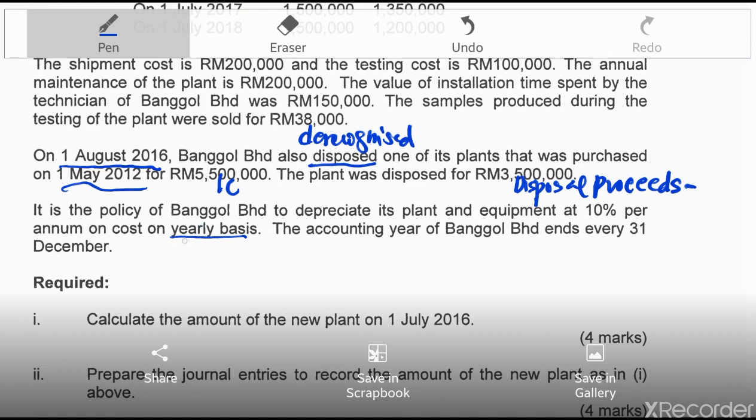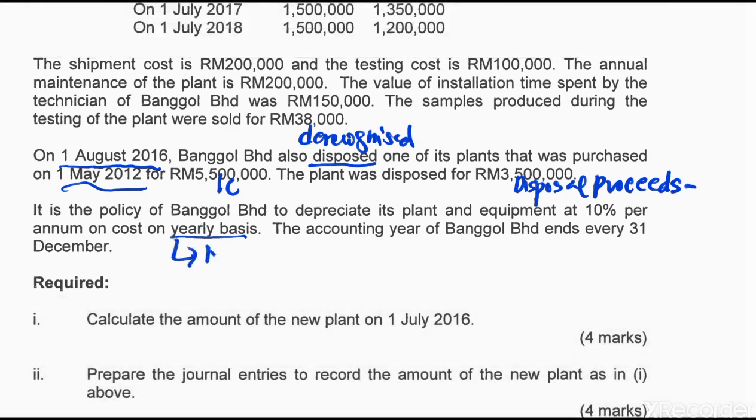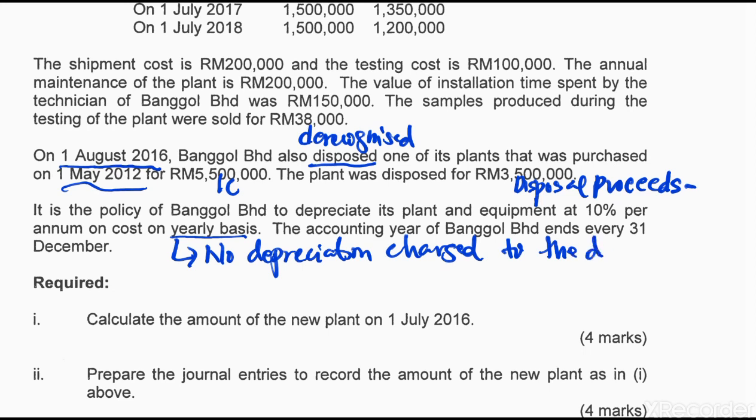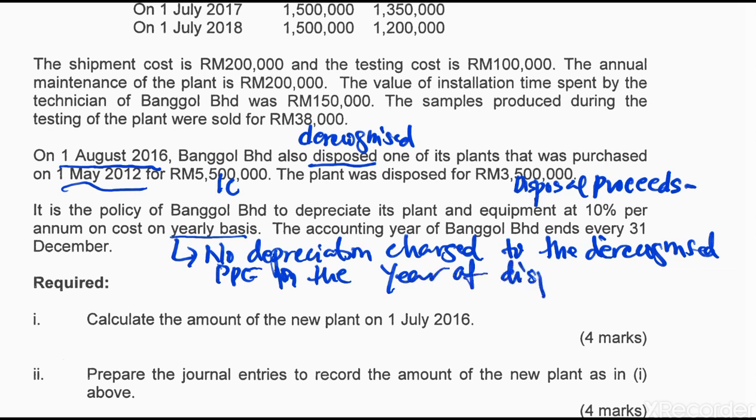So what does this yearly basis imply? So if you can recall, there is no depreciation charge related to the disposed asset, and dispose or derecognize PPE in the year of disposal.